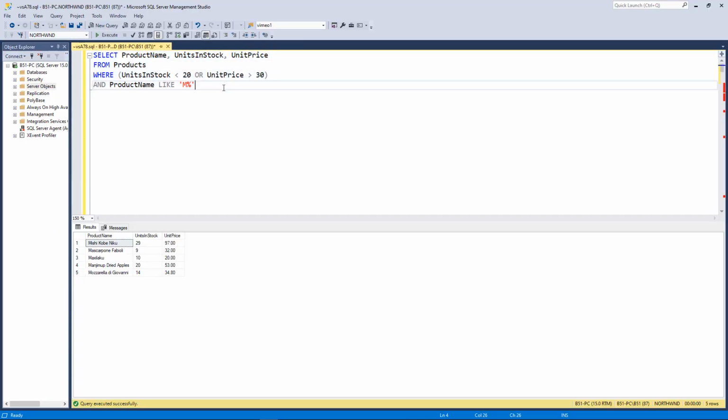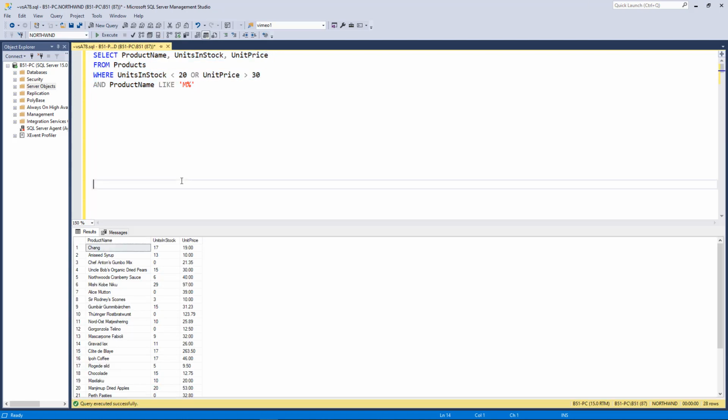So here we have units in stock lower than 20 or units in stock higher than 30. But let's see what happens if we lose the parentheses. So let's run this time. If we run it without the parentheses, what we get is the first condition.